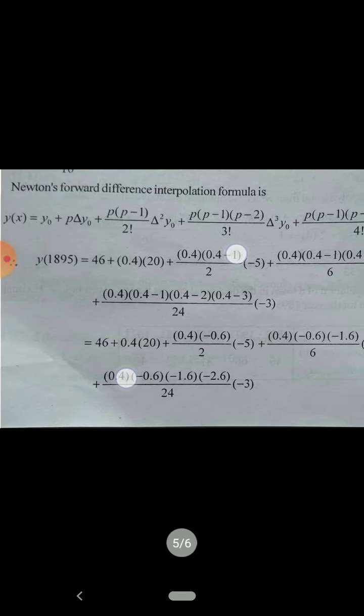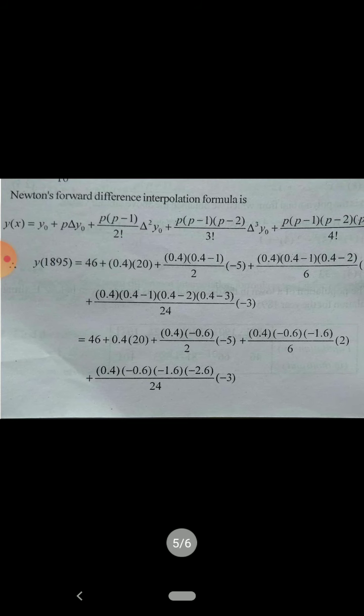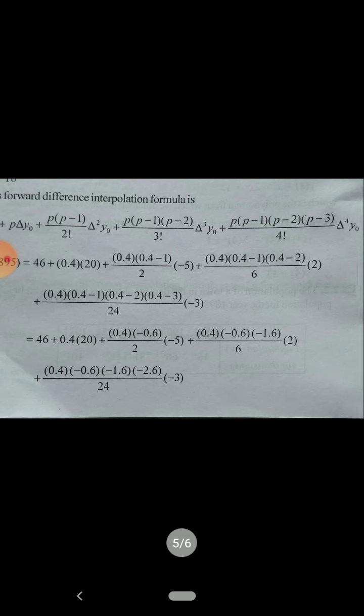Newton's forward difference interpolation formula is yx: y0 plus p delta y0 plus p(p minus 1) upon 2 factorial delta 2 y0, then p(p minus 1)(p minus 2) upon 3 factorial delta 3 y0, and then p(p minus 1)(p minus 2)(p minus 3) upon 4 factorial delta 4 y0. You have to remember this formula.